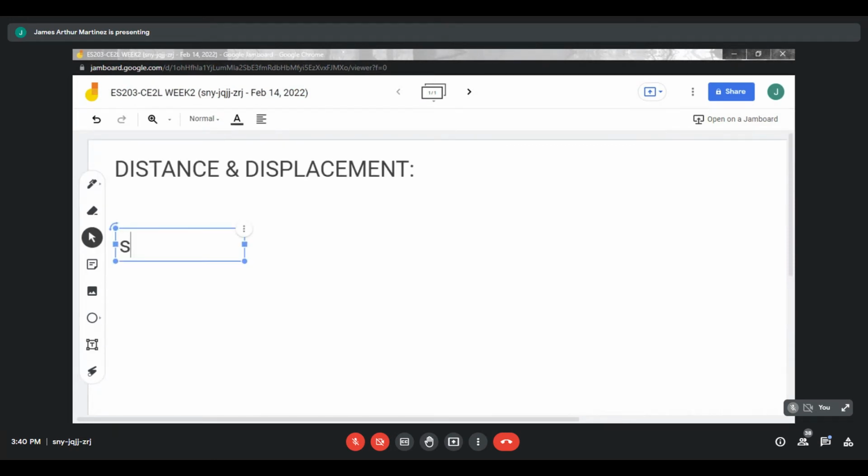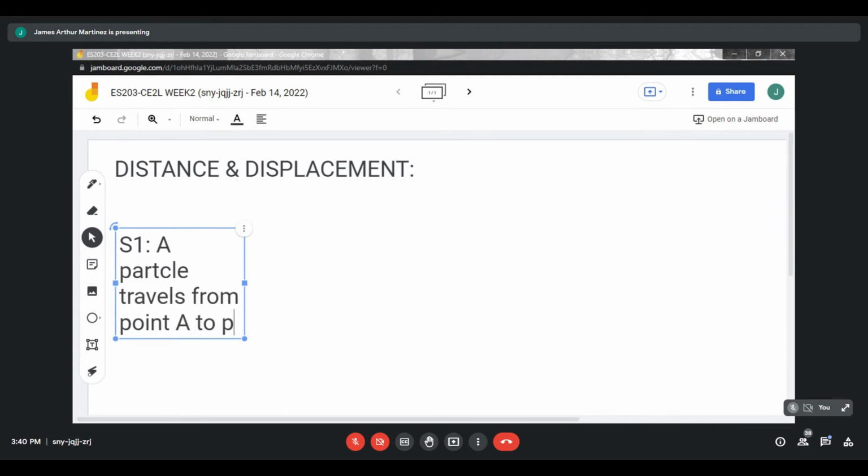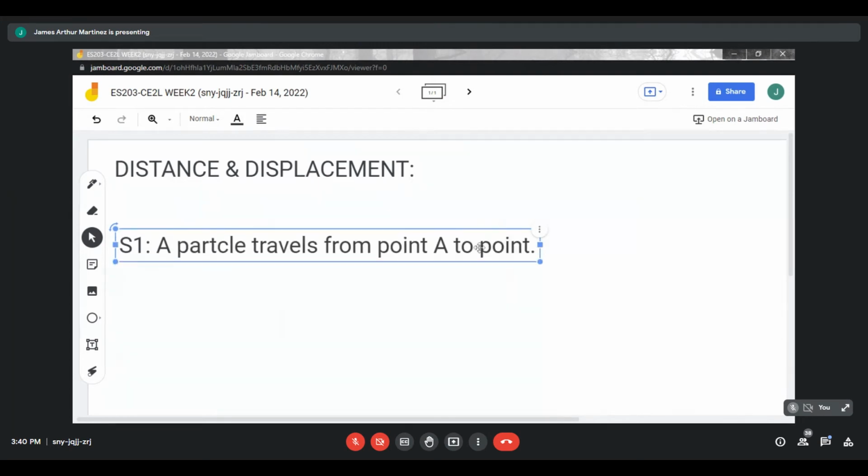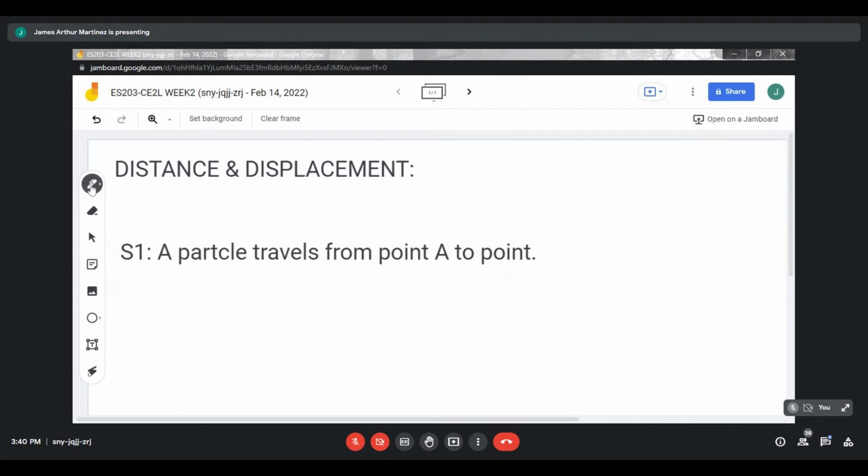So, let's have situation number 1. Let's say a particle travels from point A to point B. Then let us determine the distance and displacement.